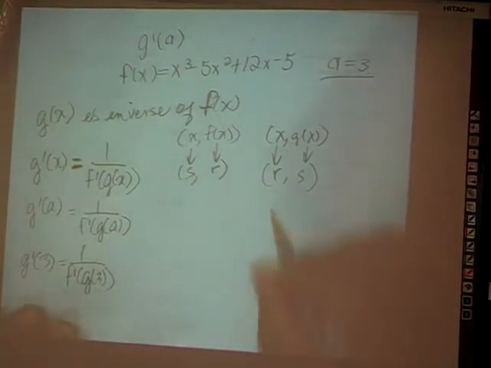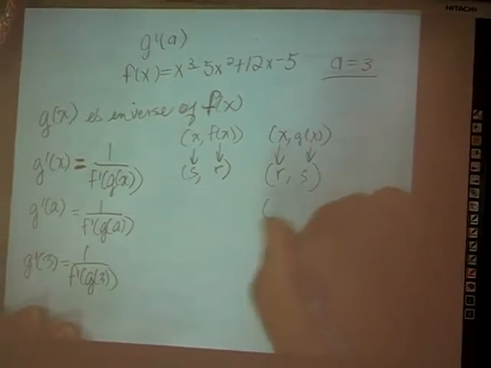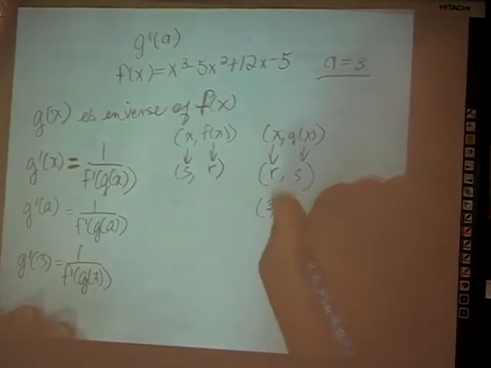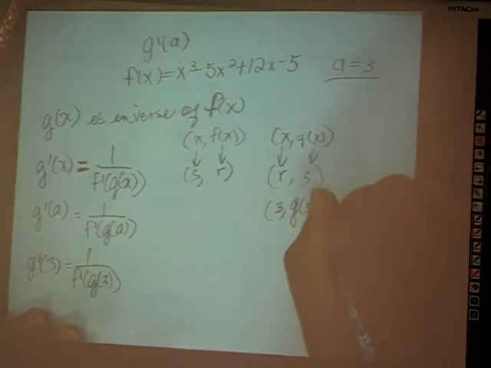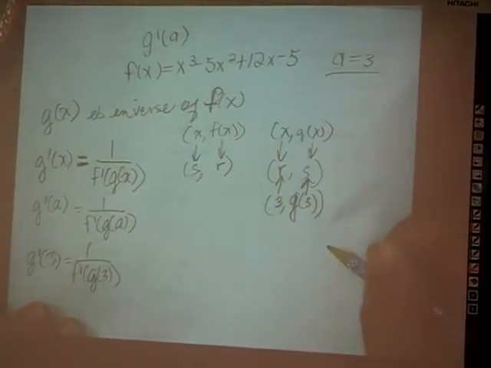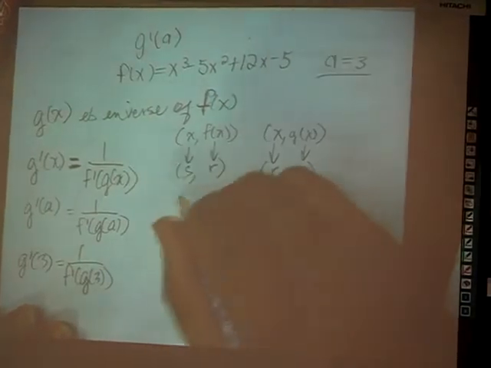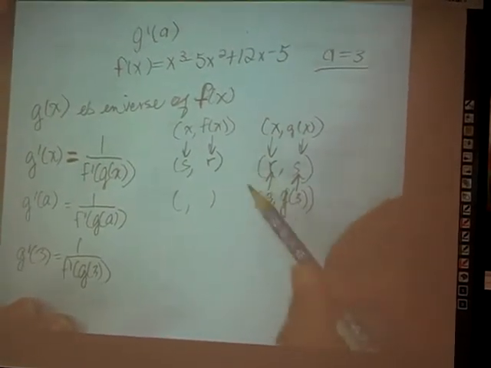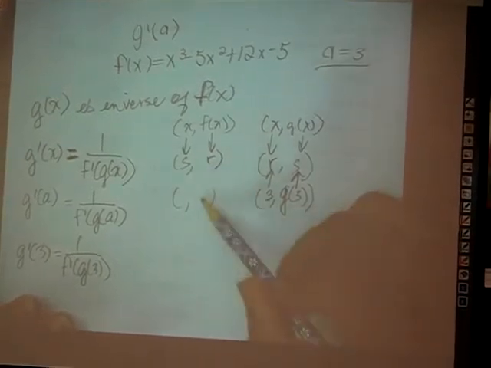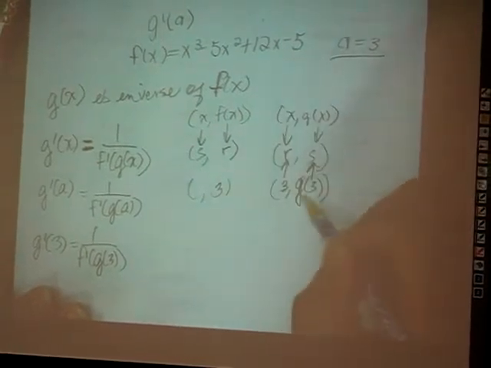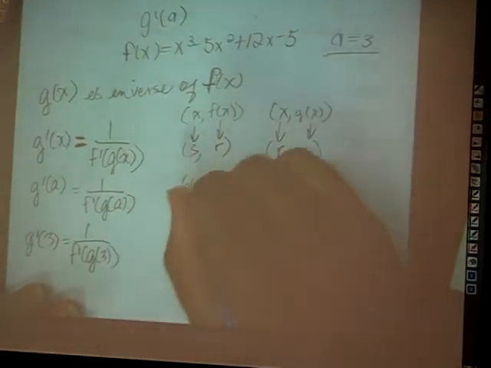So right now, what do I have? I'm trying to find g of 3, so really that's 3 comma g of 3. That's like my r and my x. Well, if that's the case, remember what we said, we have to swap them. So the r in this case is 3, and the s in this case is g of 3.